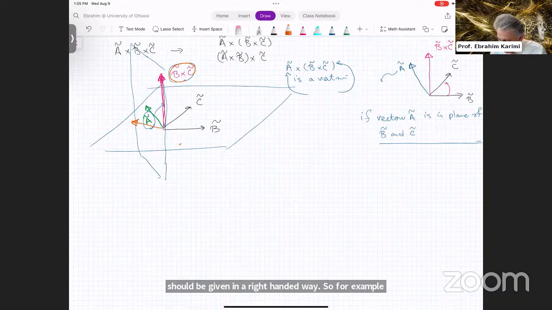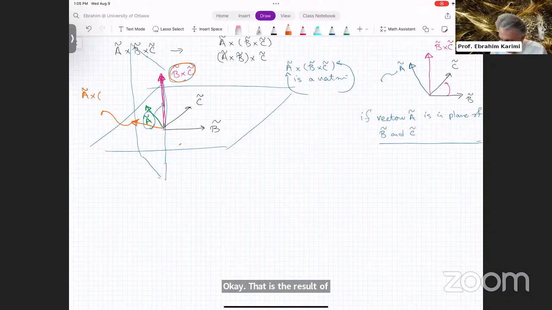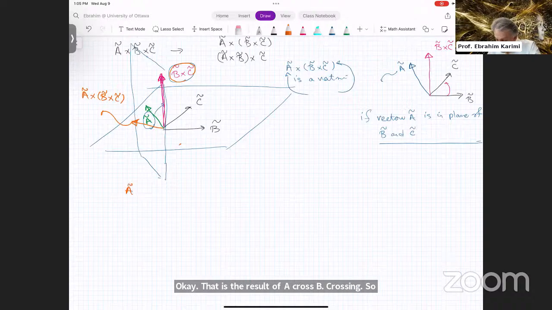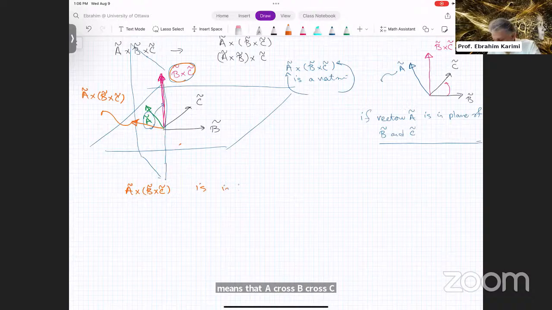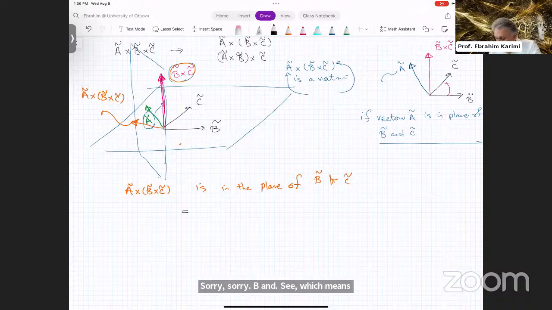That is the result of A cross B cross C. It means that A cross B cross C is in the plane of B and C, which means it can be expanded in terms of the vector B and vector C.